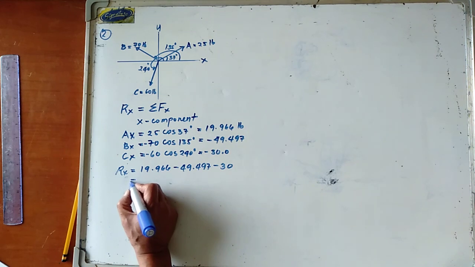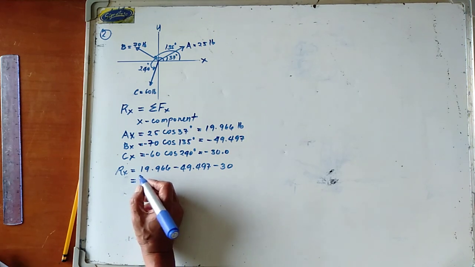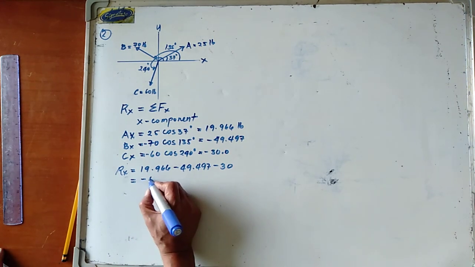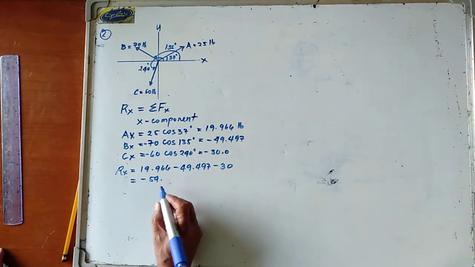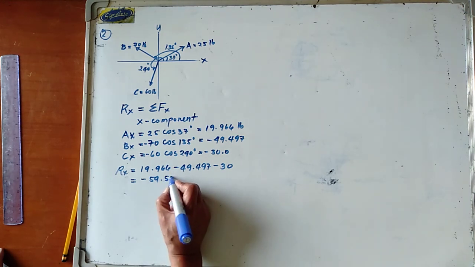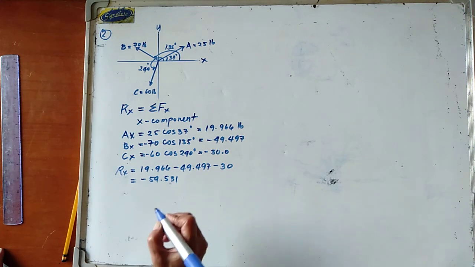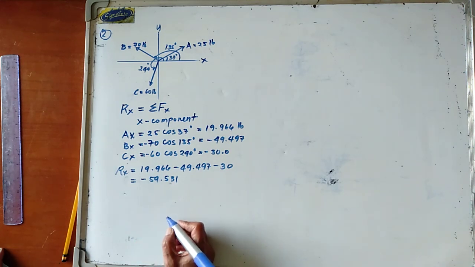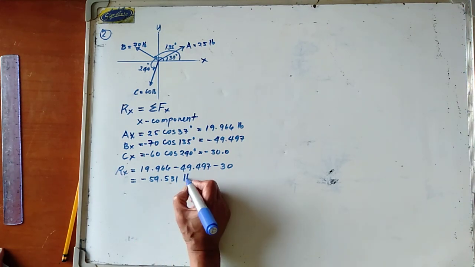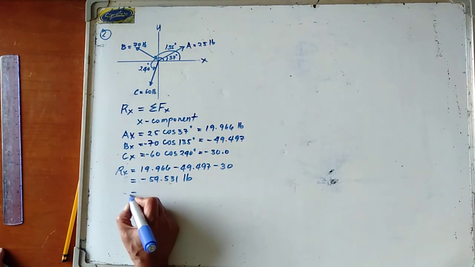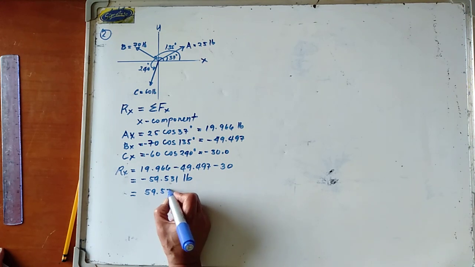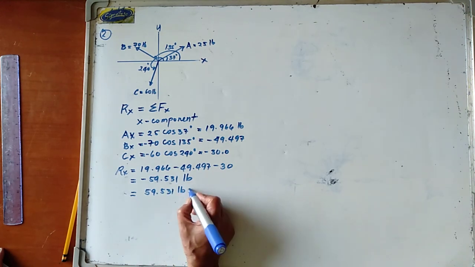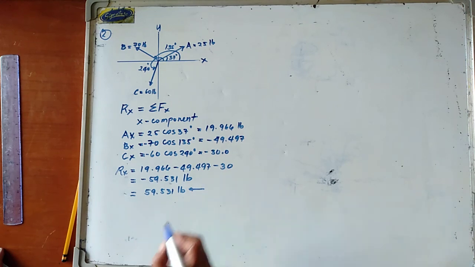So Rx is equal to negative 59.531 pounds, or Rx is equal to 59.531 pounds going to the left.